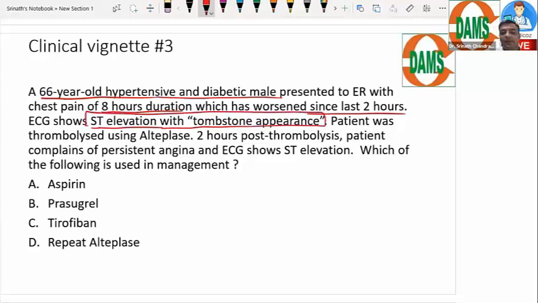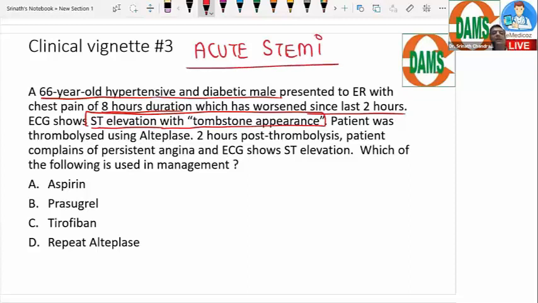This is a case of acute STEMI, acute ST elevation MI, who has presented within the window period, total window period of 12 hours. The patient has come within 6 hours. You have taken the patient for thrombolysis.